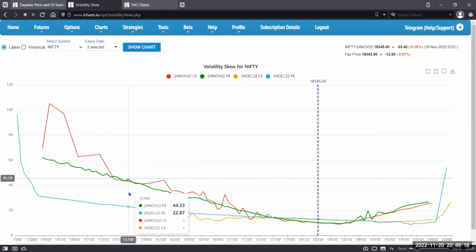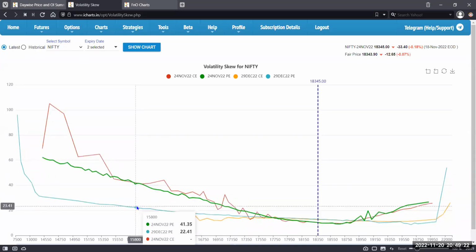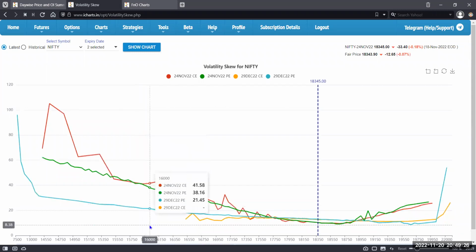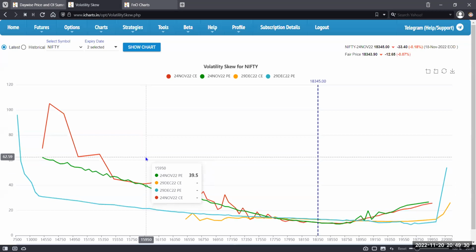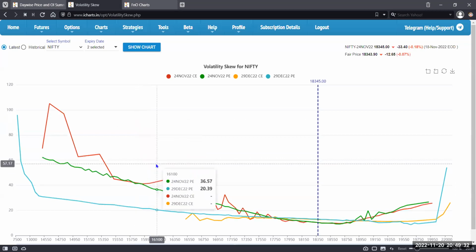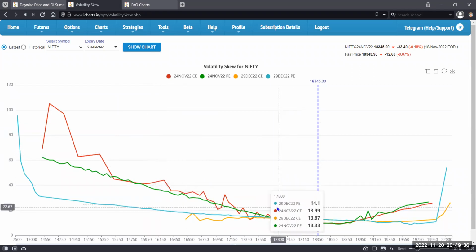Because the IV difference between the current week versus next week, or current week versus monthly options, will become really large whenever there is a near-term event like a budget, or earnings for stocks. So lots of things are there you can do with that.